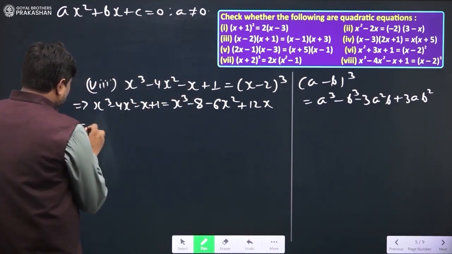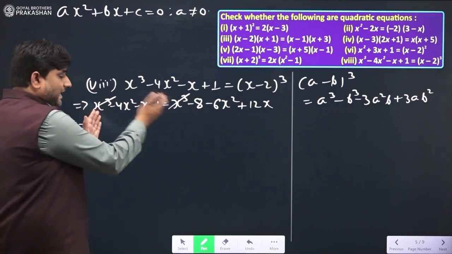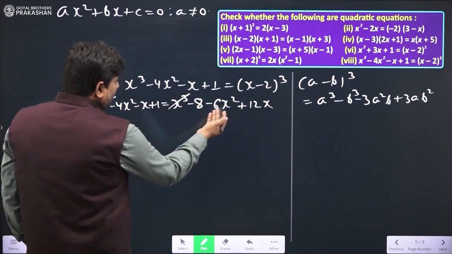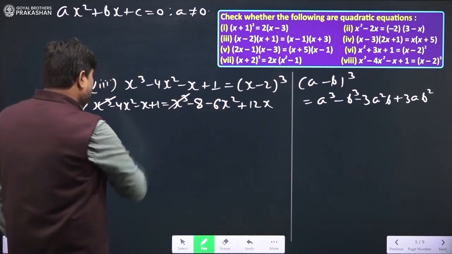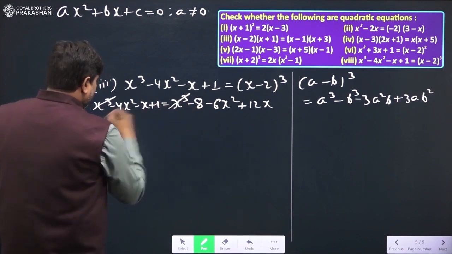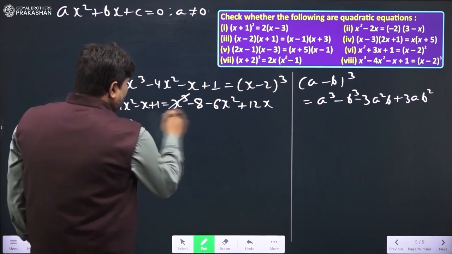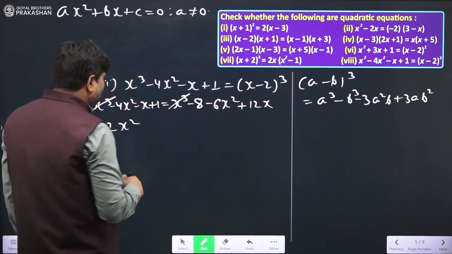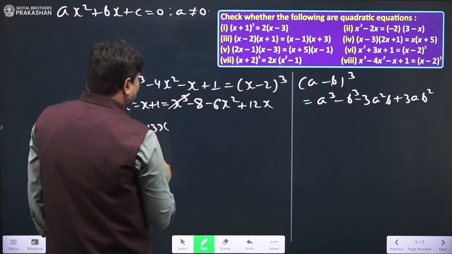Now we can see this x cube and x cube term will get cancelled because it is x cube minus x cube in LHS. Now minus 4x square plus 6x square, because in RHS it is minus 6x square, so it will be plus 6x square here. So 6x square minus 4x square, it is 2x square minus x minus 12x. 12x is there in RHS, it will be minus 12x in LHS. So minus x minus 12x is minus 13x.